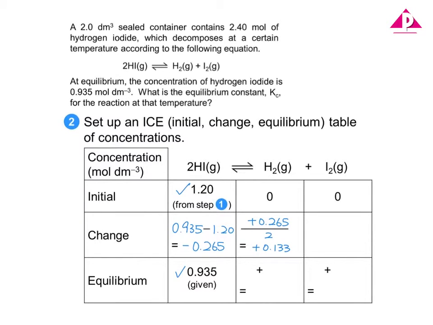The change in concentration of iodine is also plus 0.133 moles per dm cube. The equilibrium concentrations of both hydrogen and iodine are 0 plus 0.133, which is 0.133 moles per dm cube. Now we get the equilibrium concentrations of all the substances we need.